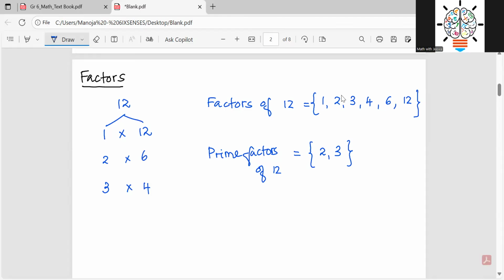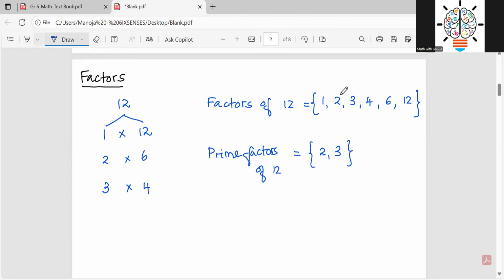So if you are asked to write the factors of 12, you open the curly brackets like this and list them down with commas from the beginning. 1 times 12, you write 1. 2 times 6, you write 2. And 3 times 4, you write 3. Likewise, you list them down: 1, 2, 3, 4, 6, 12.